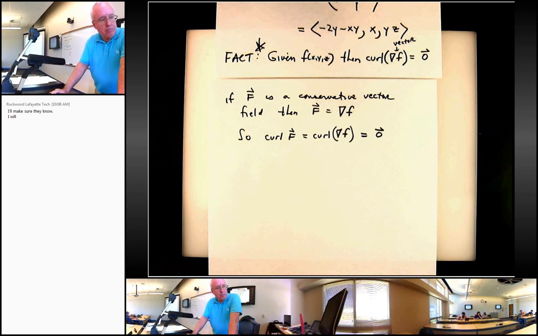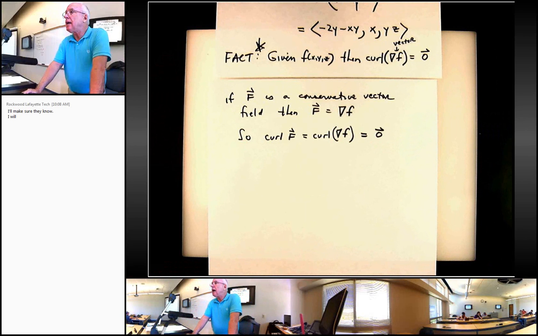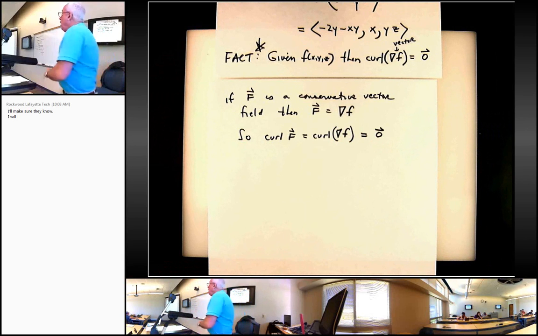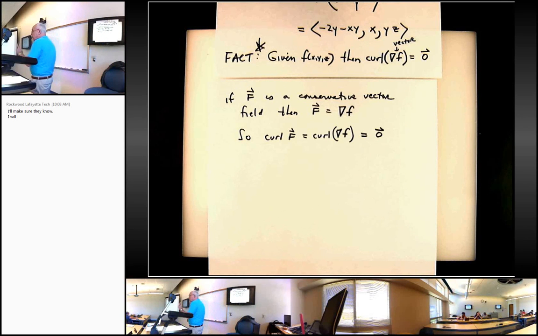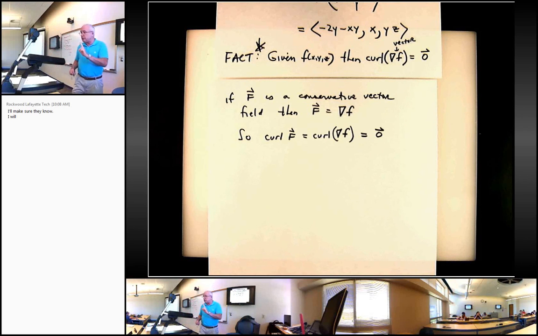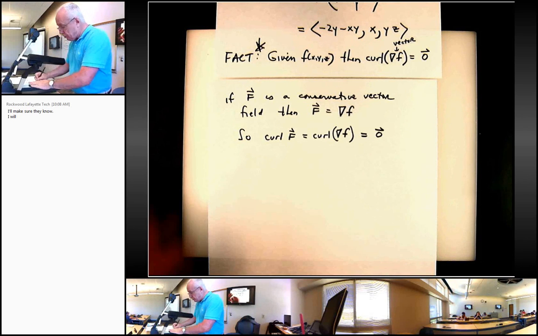And this is how, remember, we had the test in 2 dimensions. We had that test for whether a vector field is conservative or not.